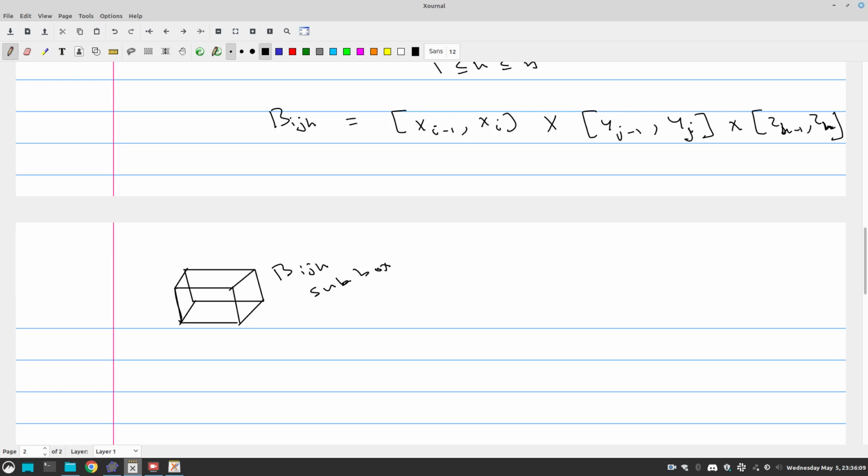Inside the Bijk sub-box we have the point xijk star, yijk star, zijk star.